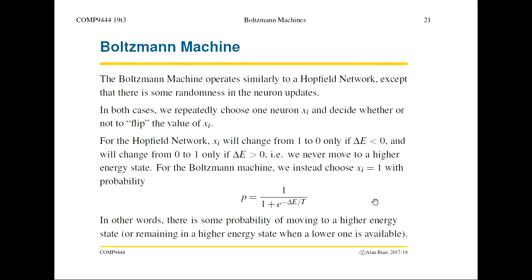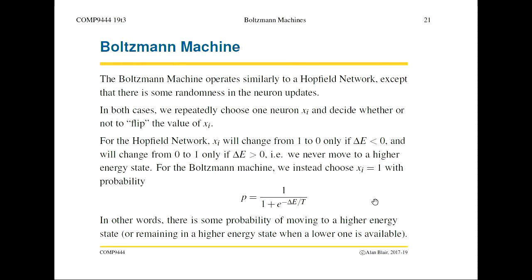Okay, so the Boltzmann machine operates similarly to the Hopfield network, except that there's some randomness in the updates. If you think back to the Hopfield network, in both cases we repeatedly choose one neuron and decide whether to flip it or not. So we start with a configuration, we pick a neuron and decide whether to flip it, or we pick another neuron and decide whether to flip it, and we just keep repeating that process.